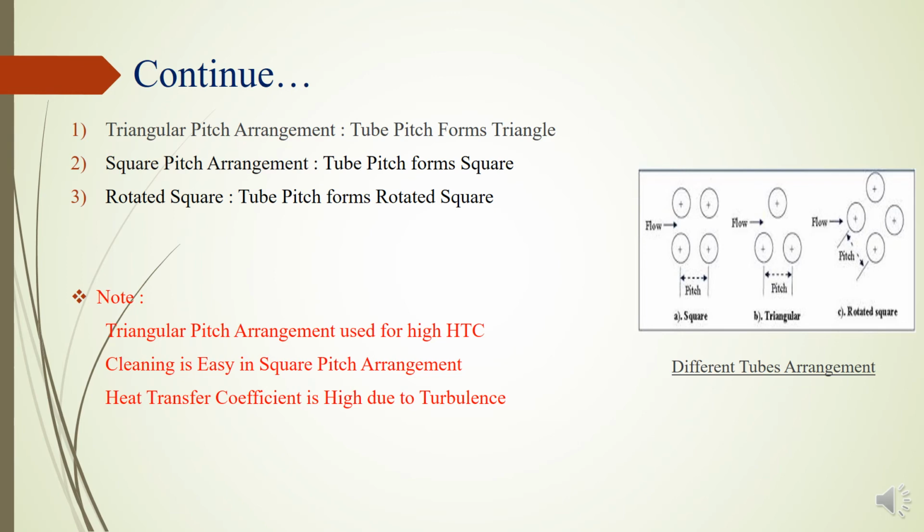So tube layout is characterized by the included angle between the tubes. There are different types of tube layout: triangular pitch arrangement, square pitch arrangement, rotated square pitch arrangement, and rotated triangular pitch arrangement. When the tube pitch forms a triangle, it is a triangular pitch arrangement. Triangular pitch arrangement is used for a high heat transfer coefficient.